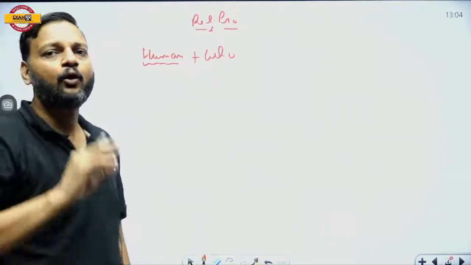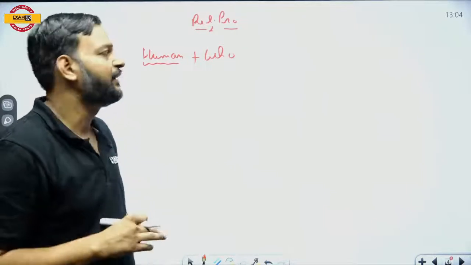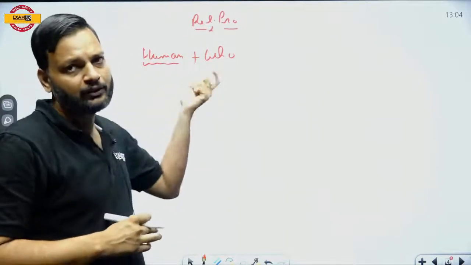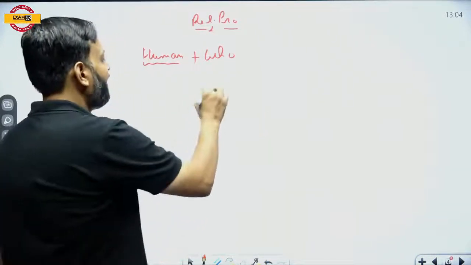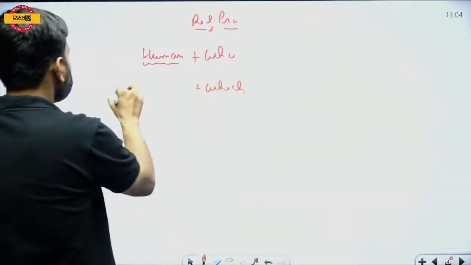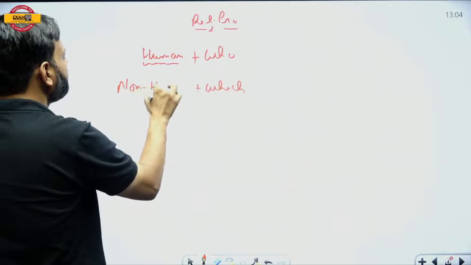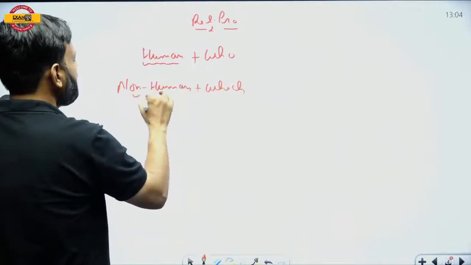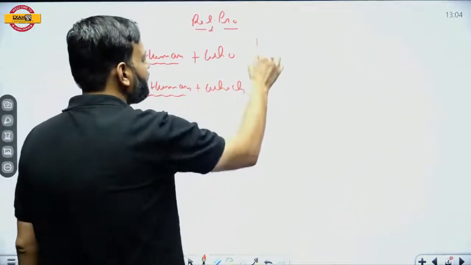That means only if the antecedent is human, you can use who, right? The relative pronoun which is used to denote non-human. Let me give you examples for both.